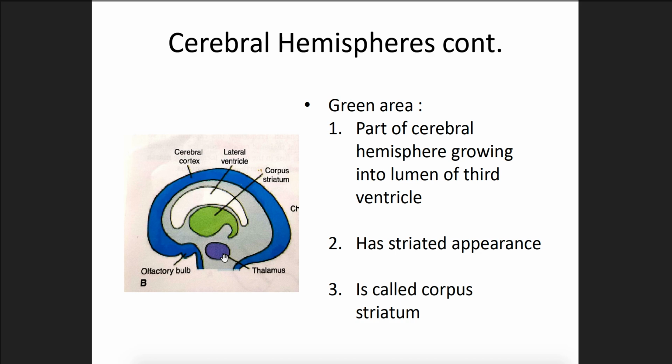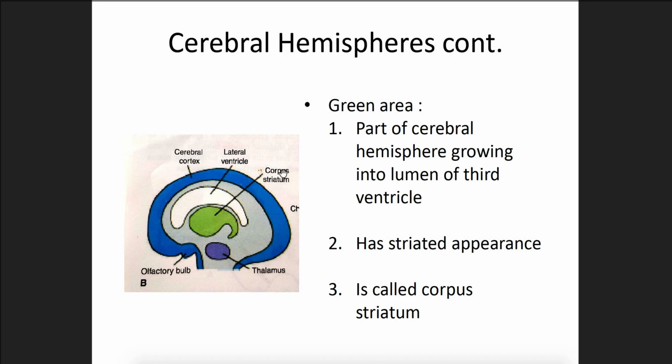They've labeled one structure, which is thalamus. And this is a green area which is part of the cerebral hemisphere, but we call this corpus striatum. So this is the developing hemisphere, this is the diencephalon, this is the cavity of the hemisphere, which is the lateral ventricle, and this is also part of the cerebral hemisphere, but it is colored in green and labeled as corpus striatum.